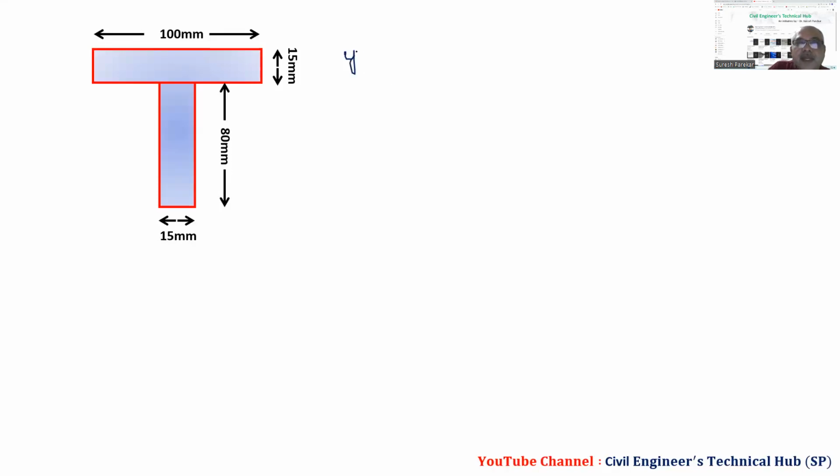So we have Y bar that is equal to 100 into 15 area, and we know y1 we have to measure from the center of this to the top, and we have this value, that is 7.5, plus, then we have the second one, this 80 into 15, so we have plus 80 into 15 into, from the center of this we have this as 40, and we have to measure the distance from the top.